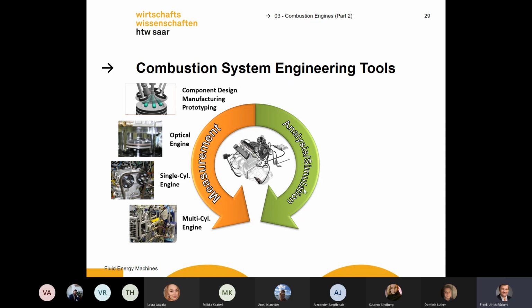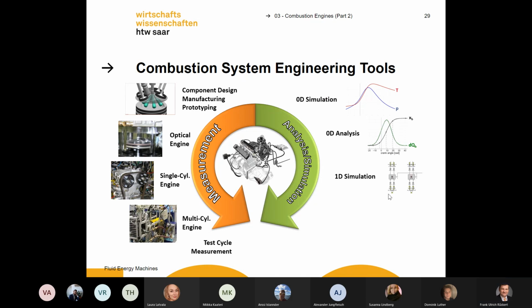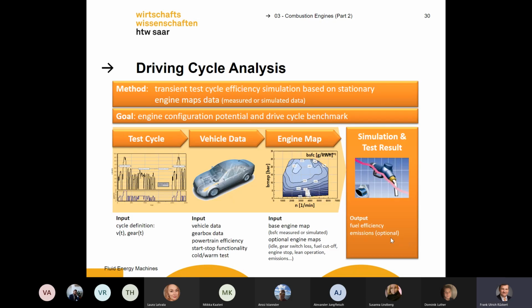And as an engineer, you have the analysis part, for example 0D simulation or 1D simulation, for example with Amesim, or 3D simulation of spray plumes, for example with ANSYS or AVL Fire. Okay, and we have the test cycle. I go a bit faster.